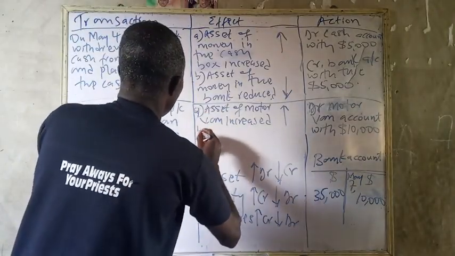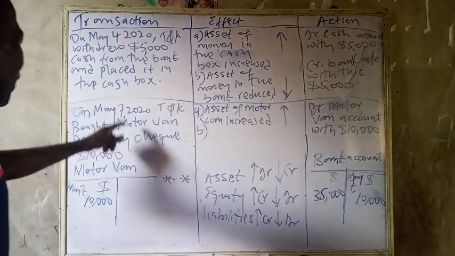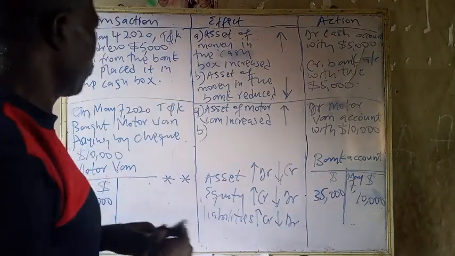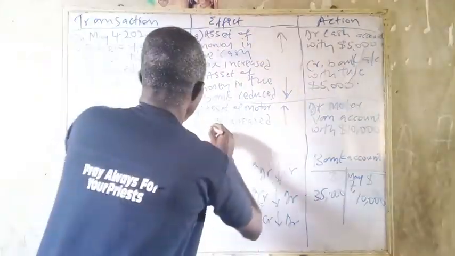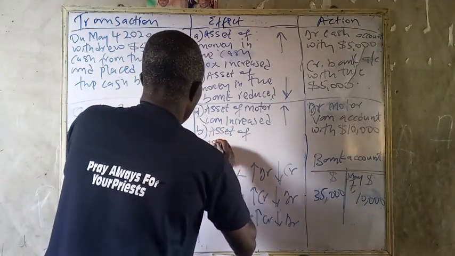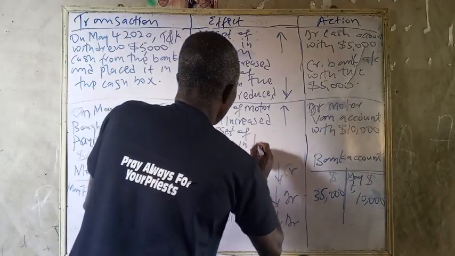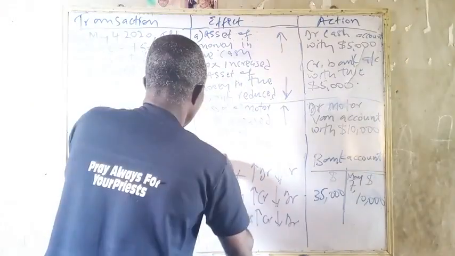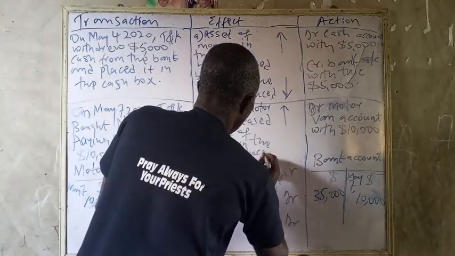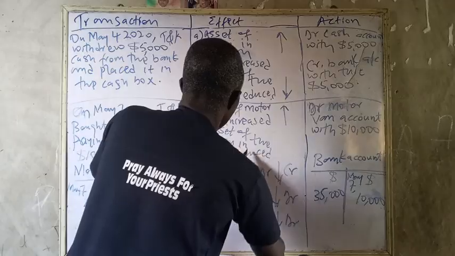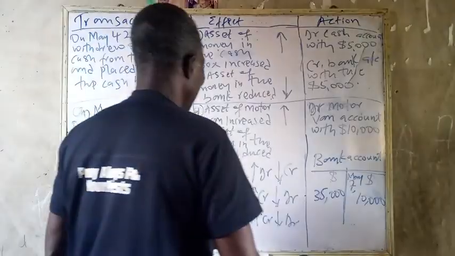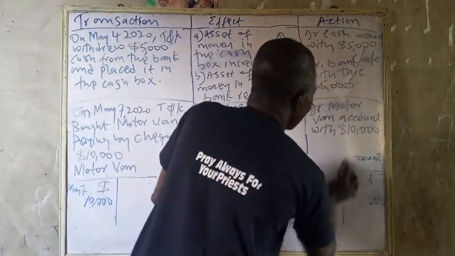B, money in the bank. Money in the bank reduced, and that is what we demonstrated here. The assets of money in the bank reduced. Then when assets reduce or decrease, what do you do?